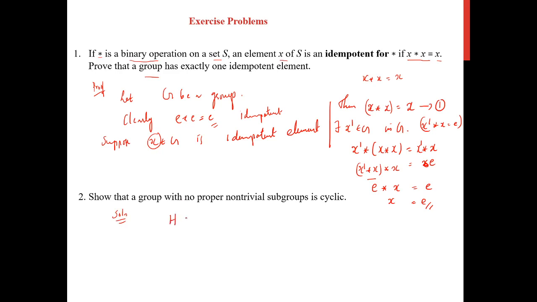H is said to be a non-trivial proper subgroup if H is not equal to E, that means it is not the trivial subgroup, and H is not equal to G, H is not the group itself. So any other subgroup is called proper. If there is no proper non-trivial subgroup, then we have to show that the group G is cyclic.